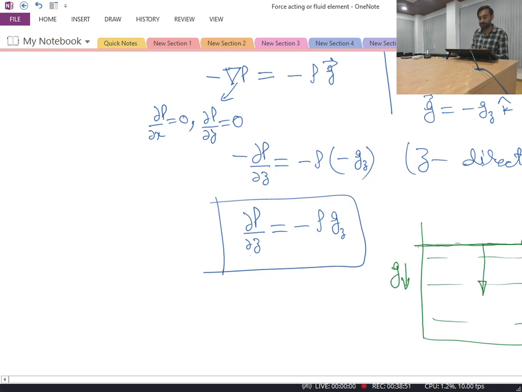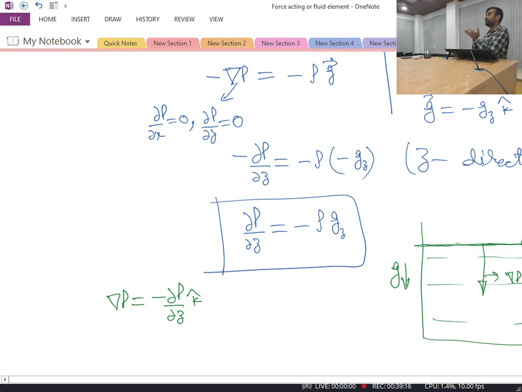From the gradient of P, it is clear that we have only one single value, minus del P by del z, which is acting in the k cap direction. So it means my gradient of P vector is having a downward direction.